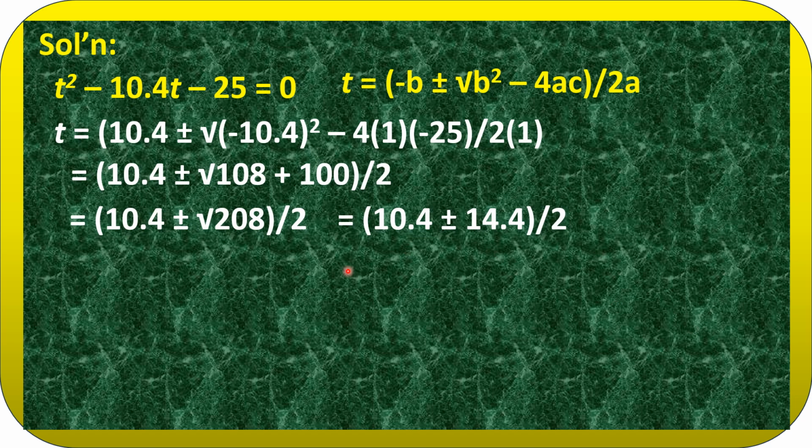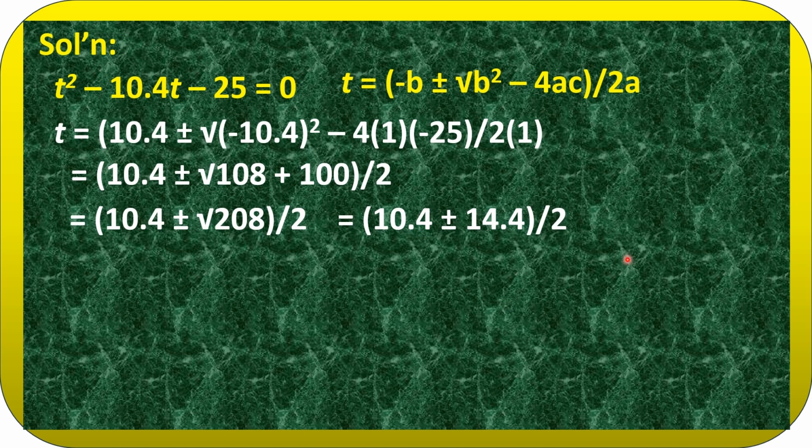So when you do the subtraction, 10.4 minus 14.4, it will give you a negative value for the time t, which in this situation doesn't make any sense.